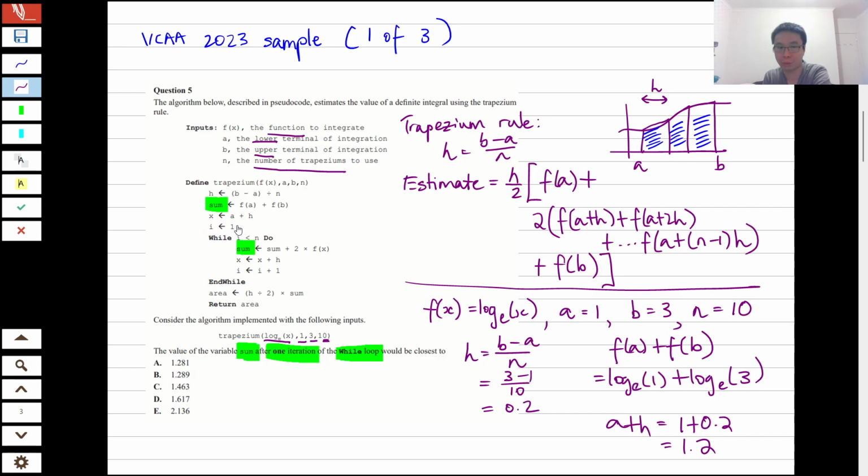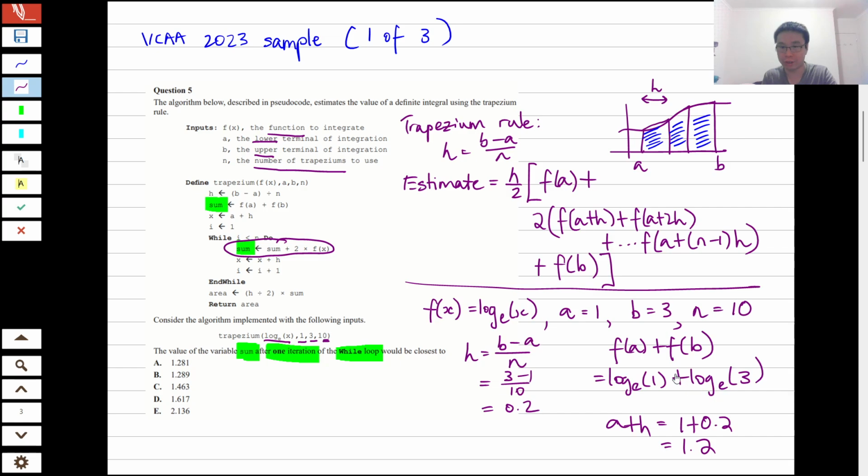Basically what's going to happen is we're going to let I range from 1 until n minus 1. And since we're only going to go through this loop once, we will only consider the case where I equals 1. And we actually don't need to consider it because it's not relevant to the calculation for sum. So we're only going to execute this line of code once.